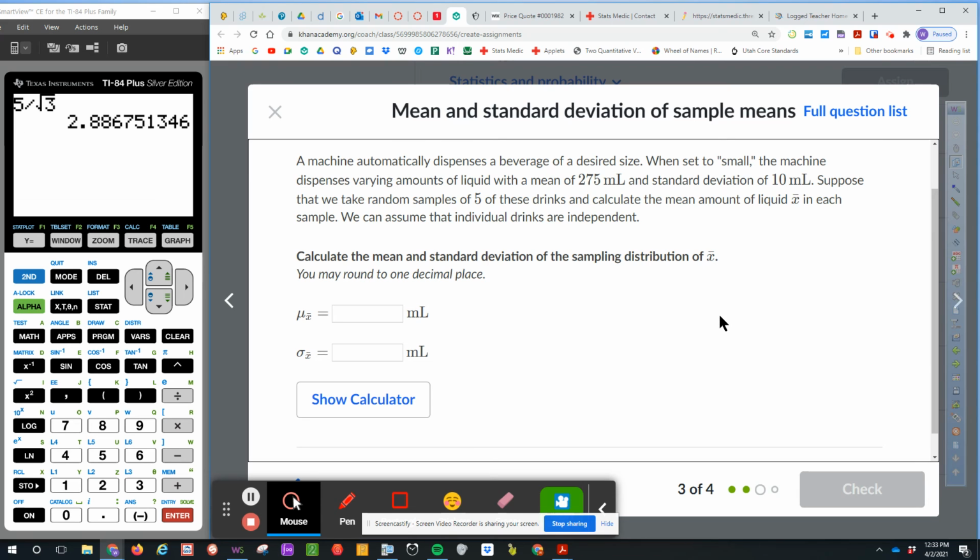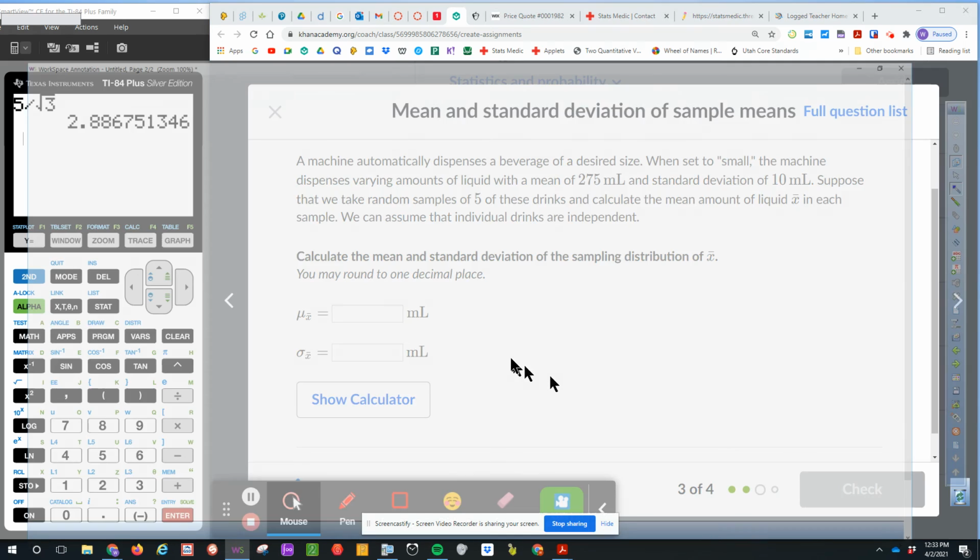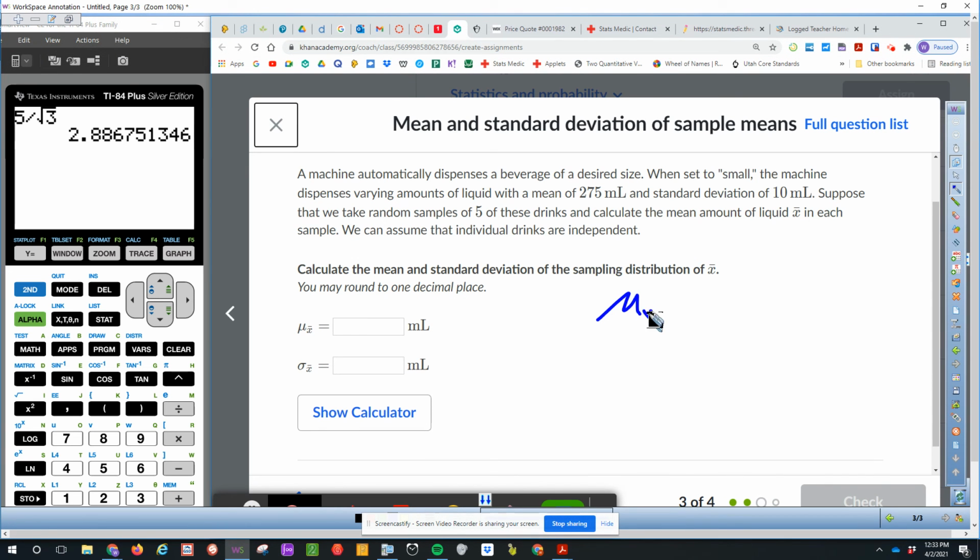In this question, we were not told whether the population is normal or not. That's okay, that's not a problem here. The mean of the sampling distribution should be the same as the population mean, mu, because it's an unbiased estimator.